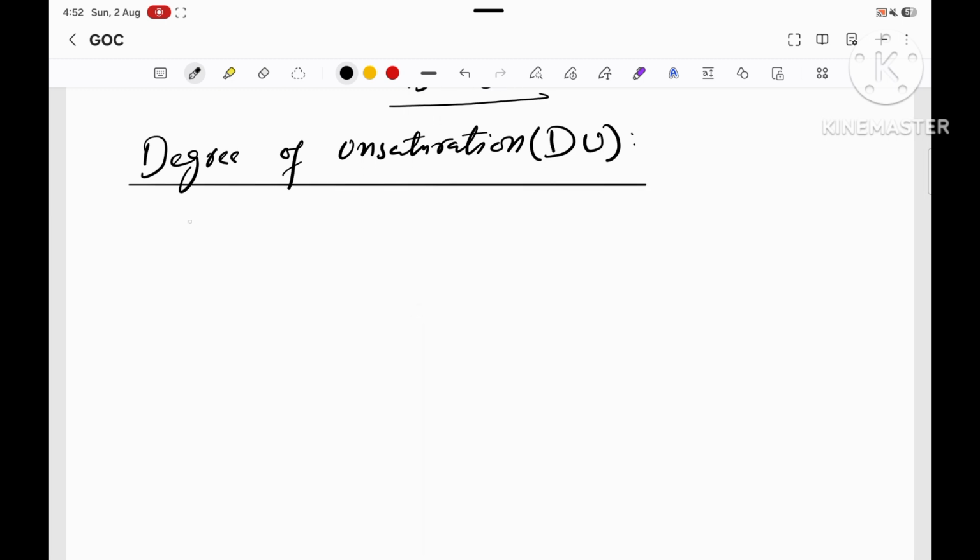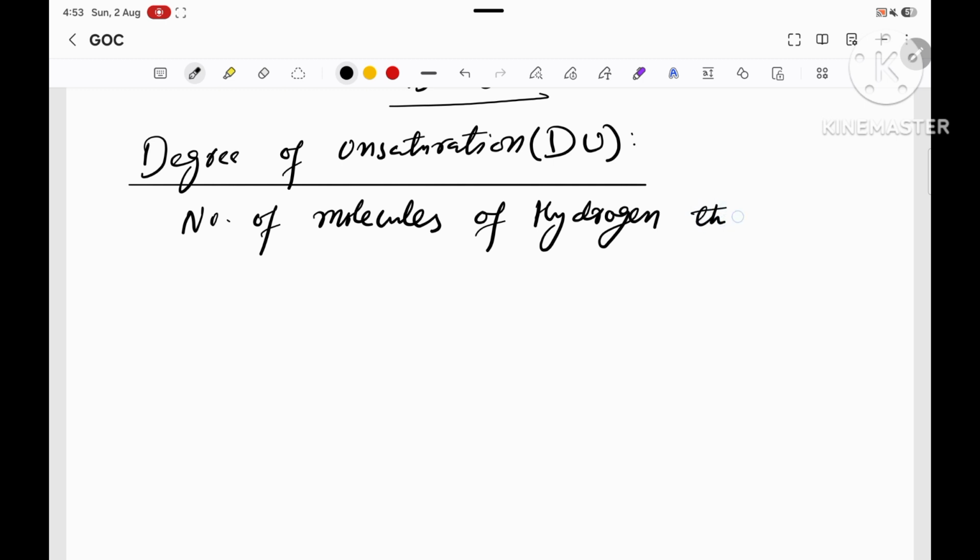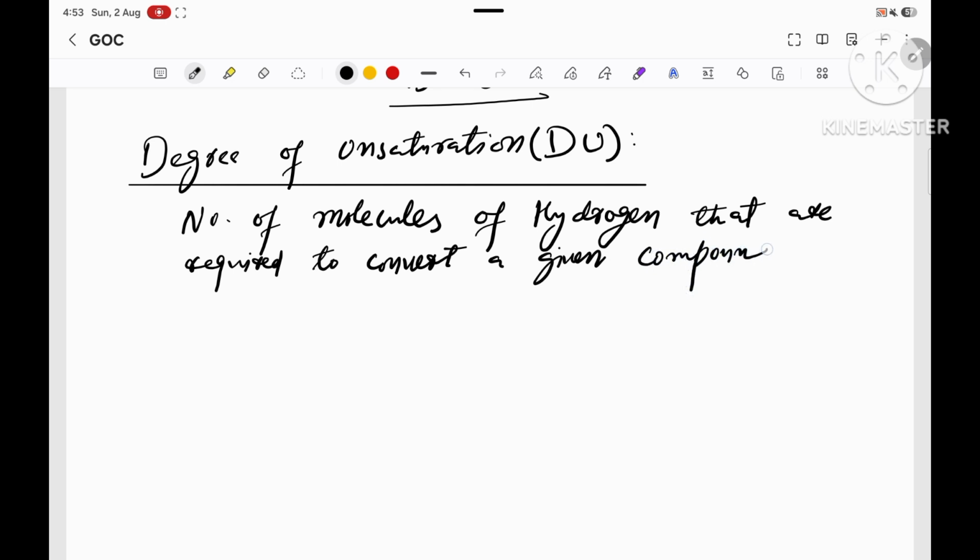I will write it here: number of molecules of hydrogen that are required to convert a given compound completely to acyclic saturated hydrocarbon.